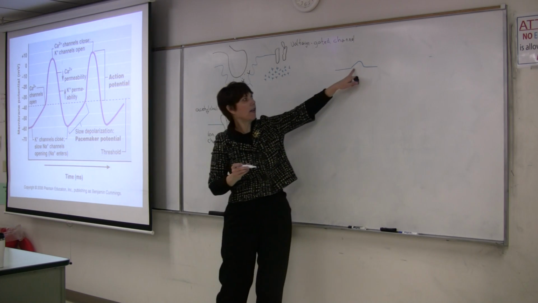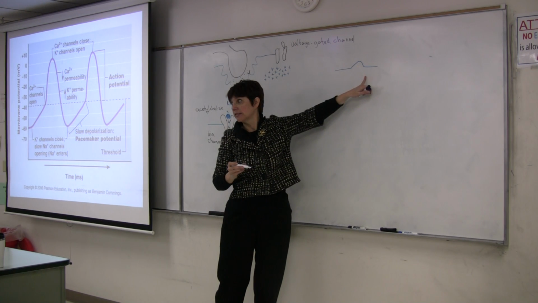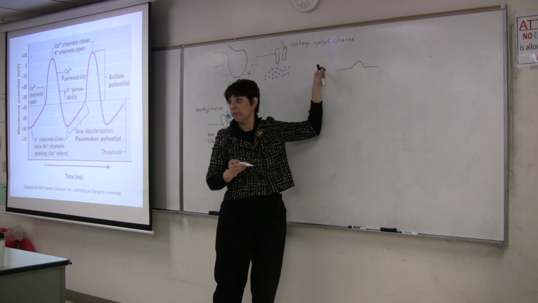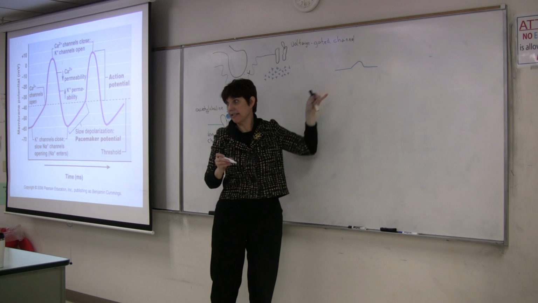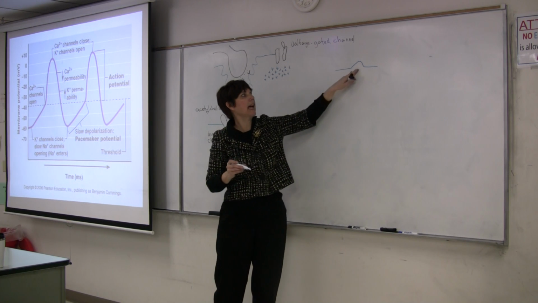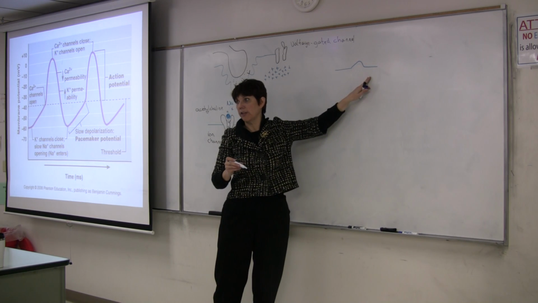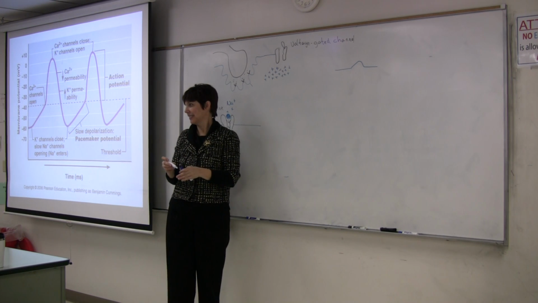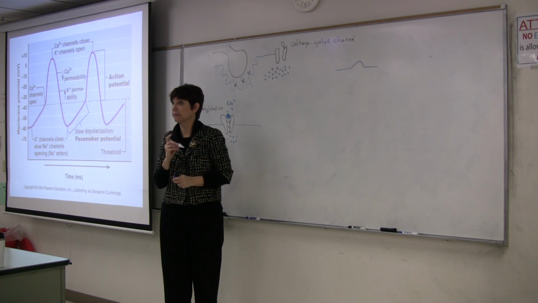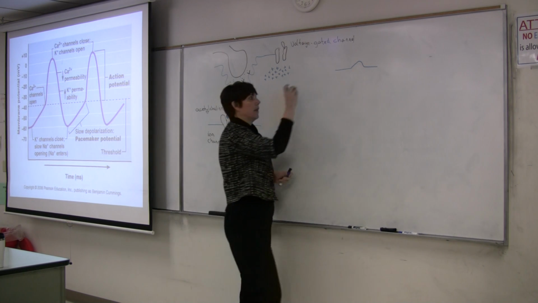So what do we call this type of a potential? The resting membrane potential was our flat line maintaining a negative state inside the cell. It became slightly more positive and then returned, but not strong enough to open the voltage-gated channels. Graded potential. Subthreshold, yes, but that's a graded potential.